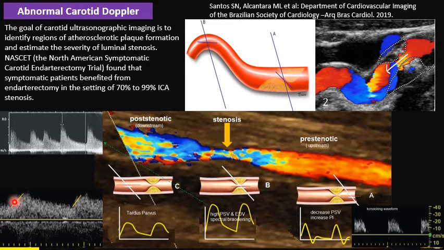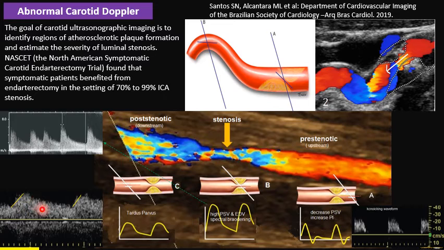We call this Tardus: the peak of the velocity drops, and it goes down slowly. So we have this pattern: low velocity, peak velocity, and slow downstroke. We call it Parvus.